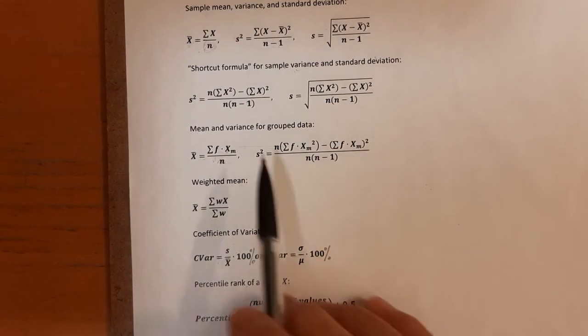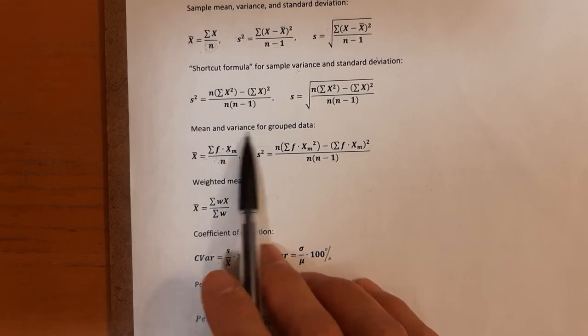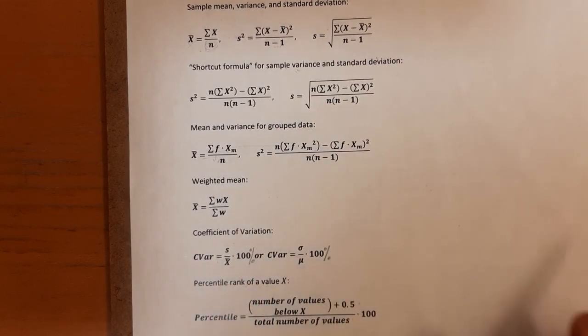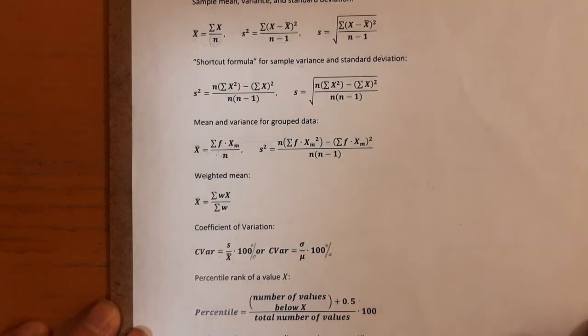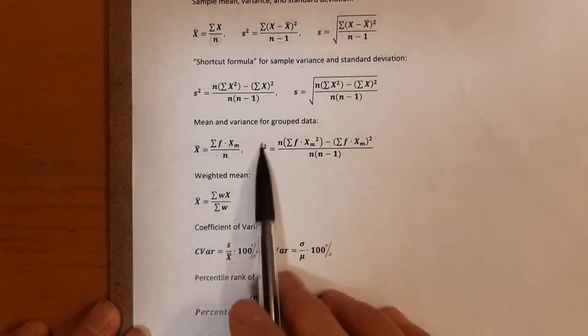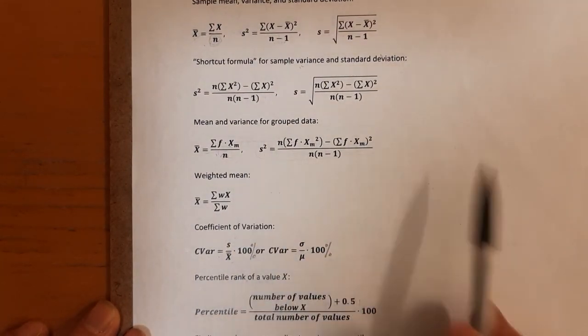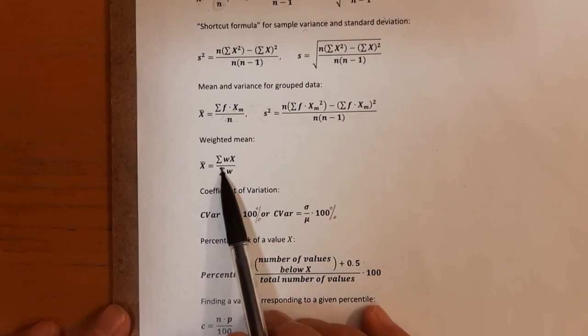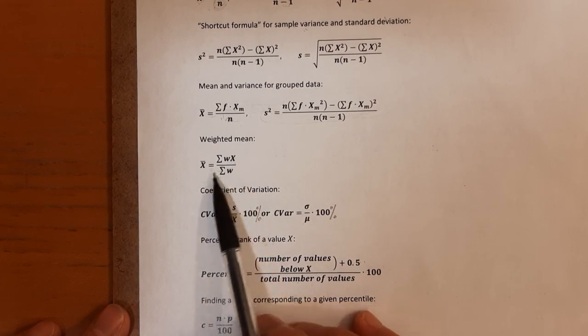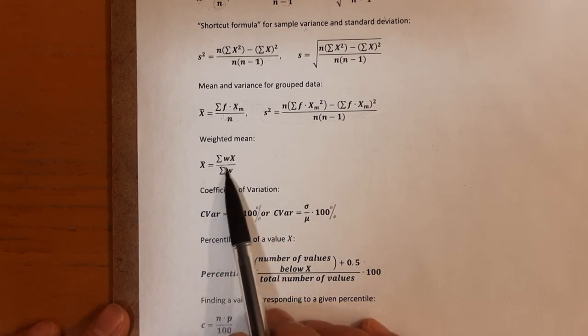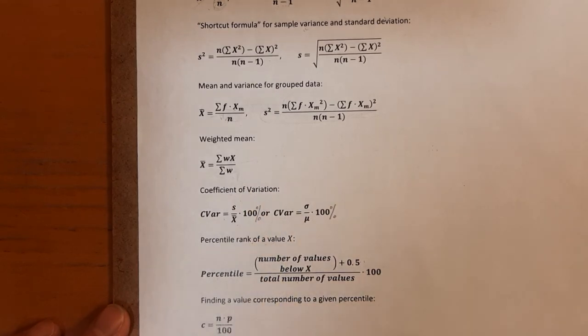And here is the mean and the variance for grouped data, the grouped frequency distribution. This is the formula we just used. This is the weighted mean: weight W times X summation over summation of weight, and normally the denominator equals 100.